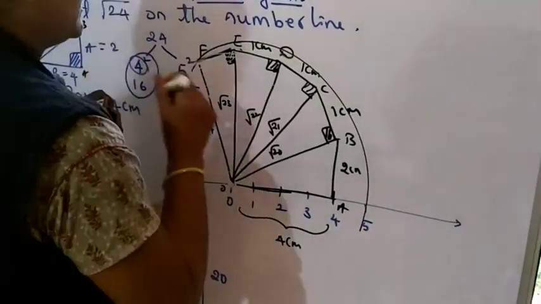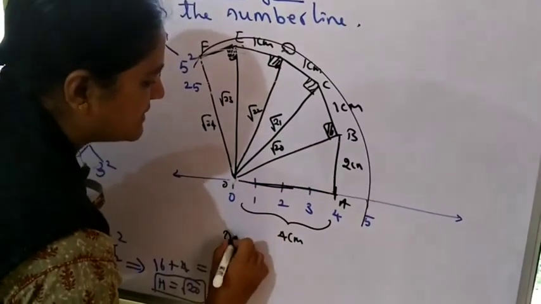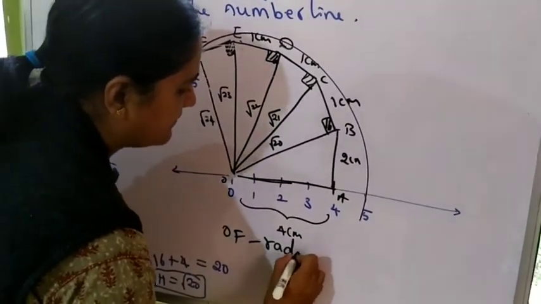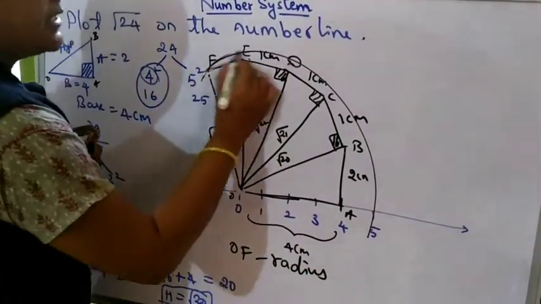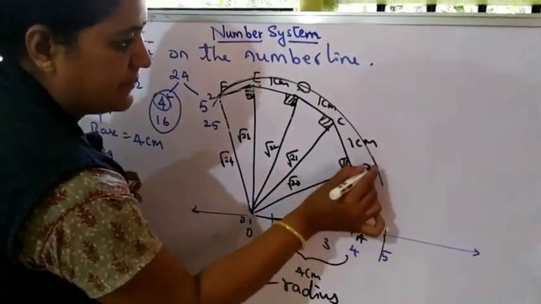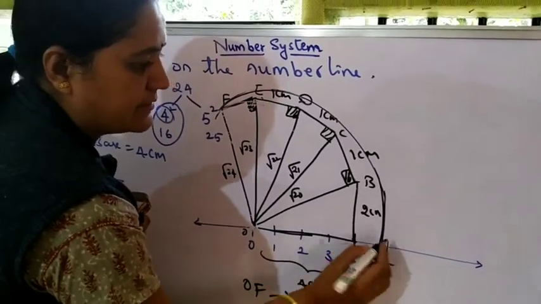Let me complete it by this. Taking OF as a radius, if you draw an arc, it will come very near to 5.